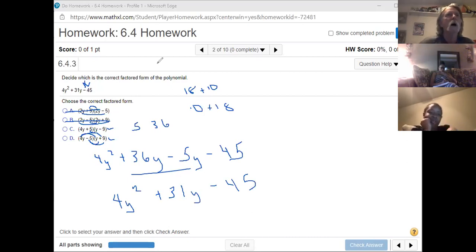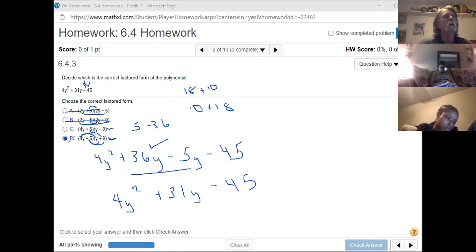So I chose to start with this one because I got a positive 36, and that was pretty close to 31. So I was going to start there. This one gave me a negative 36, and I need a positive for this one right here. So D is the magic answer.